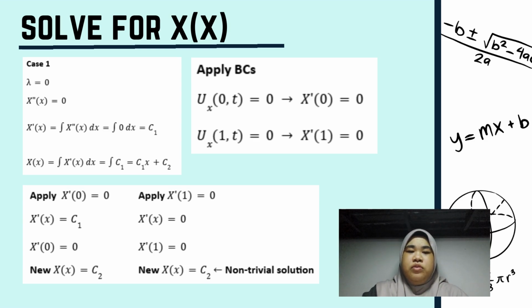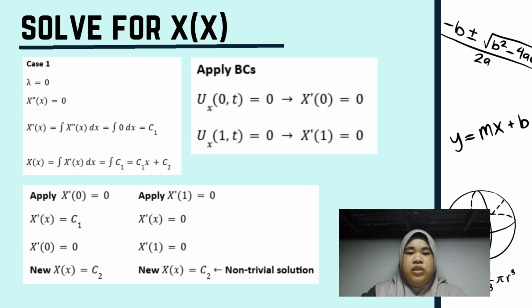To get X(x), we integrate X double prime to get X prime, and then integrate X prime to get X(x), which is c1 x plus c2.